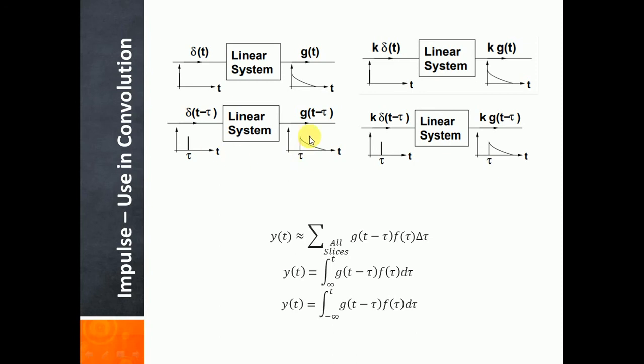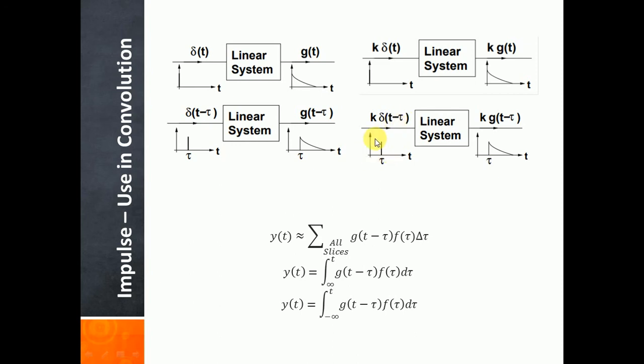So the signal doesn't change its shape because it is deferred. This is an example of linear: the constant k is the linearity component, and the time invariant component is t minus tau.